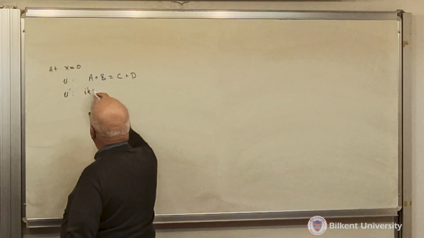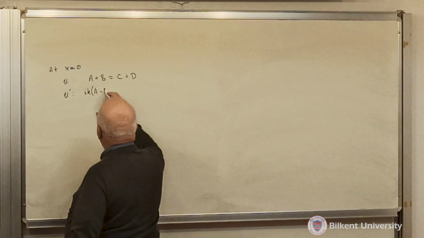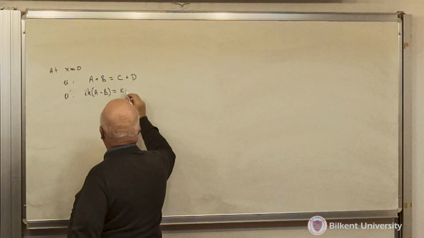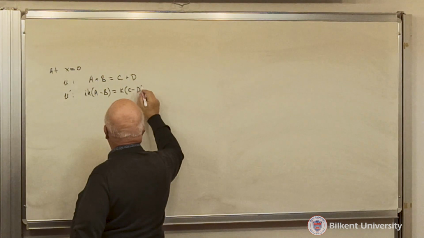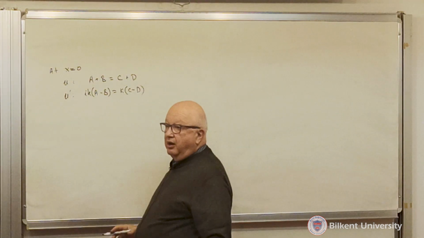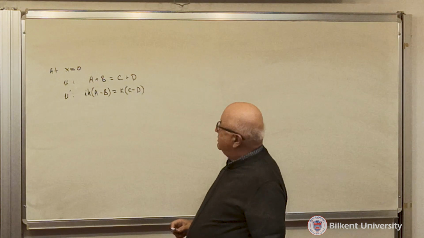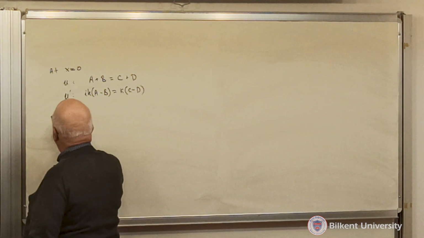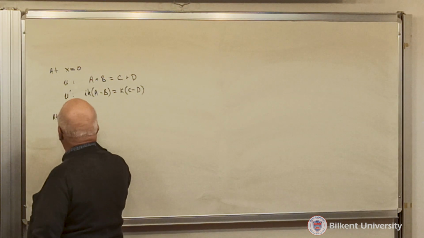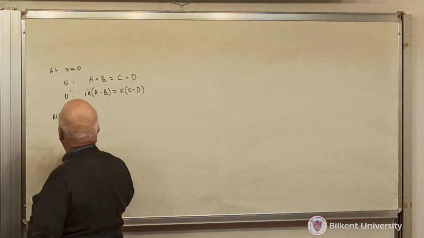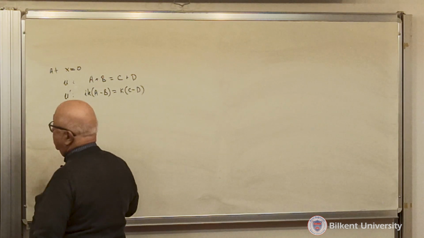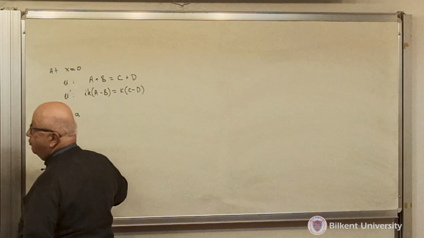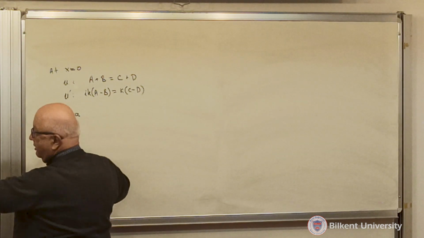I k a minus b is equal to capital K c minus d. Now let's just go to the other boundary. So at x equal to small a, if I match the boundary condition for u, I'm going to get what?